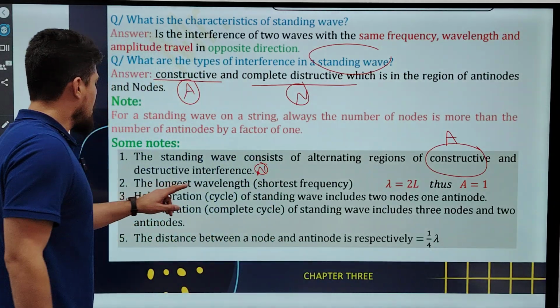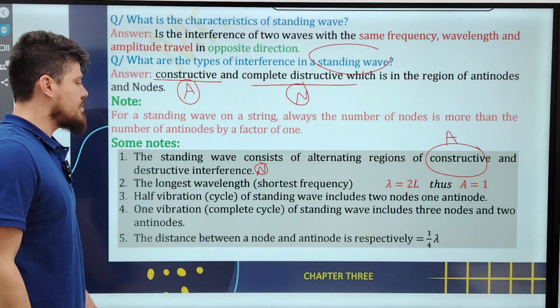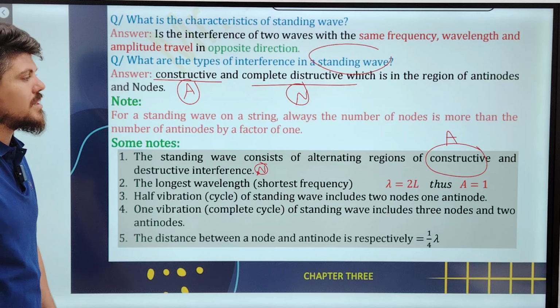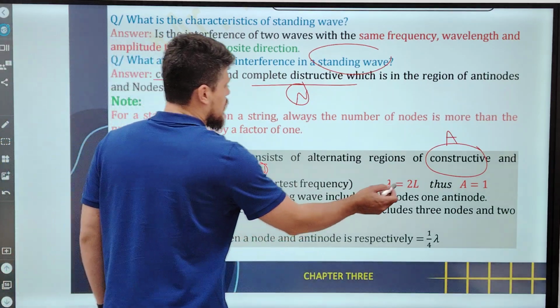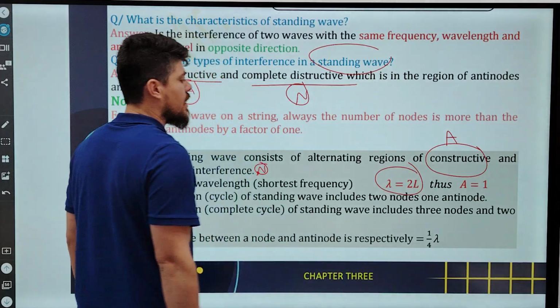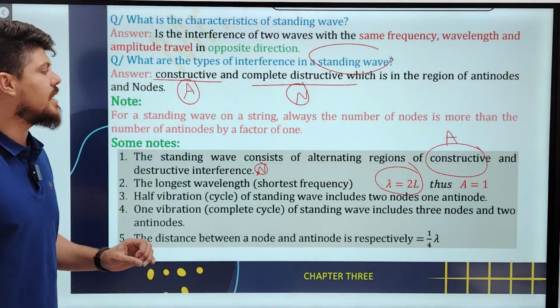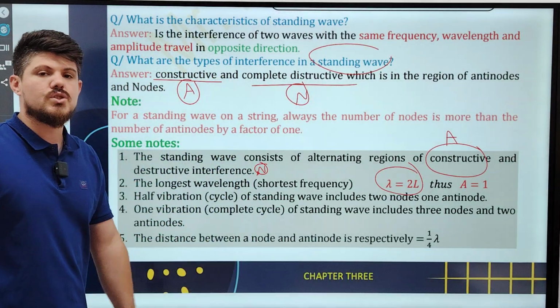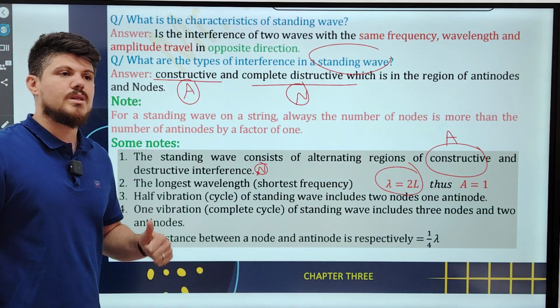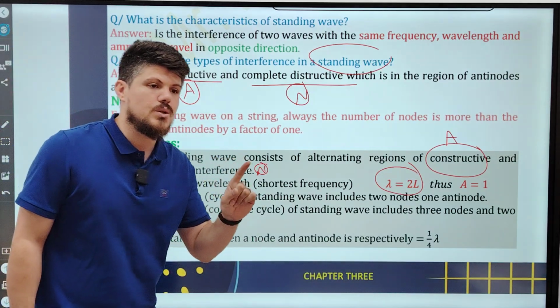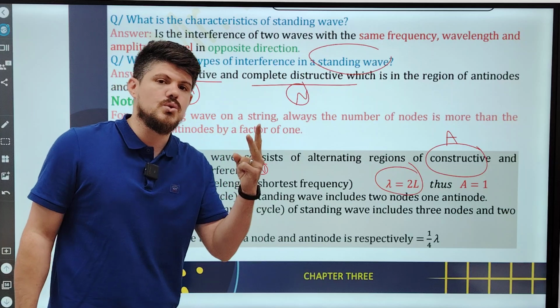The longest wavelength, which means the lowest frequency, the simplest standing wave that occurs in a string, is equal to 2L. What is the longest wavelength in a standing wave of the string? The longest wavelength will occur when the string vibrates with one antinode and two nodes.